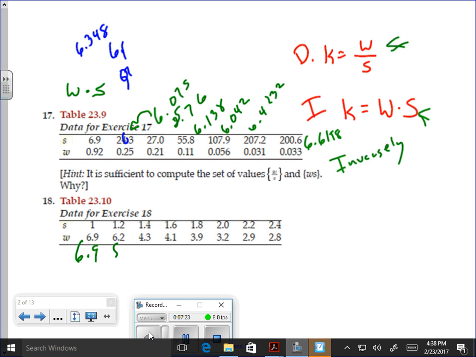Doesn't look good. And then 4.3 divided by 1.4, I get 3 point something. So I'm thinking it's not directly proportional.